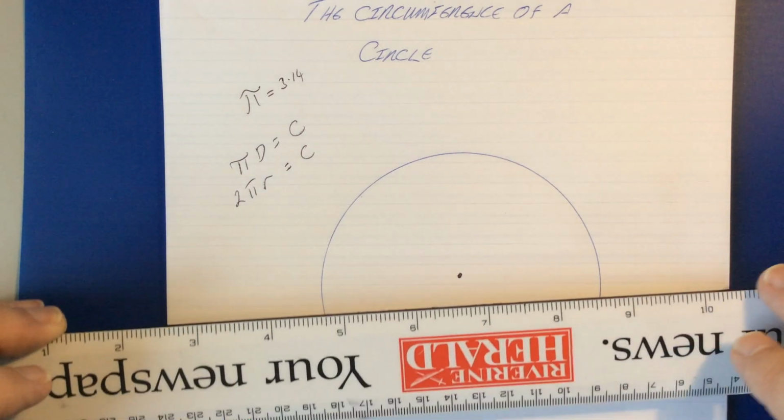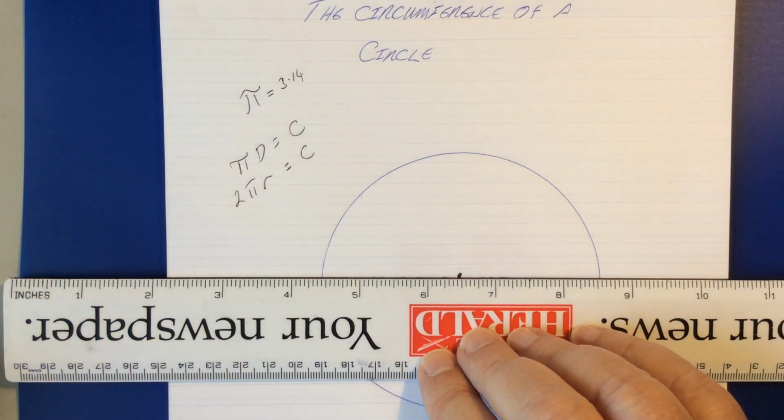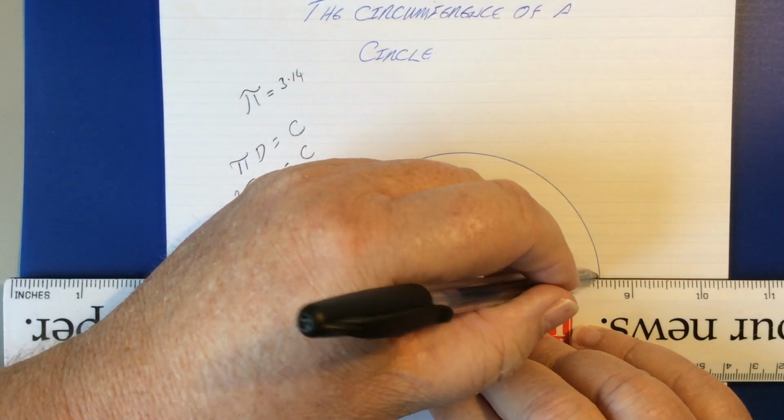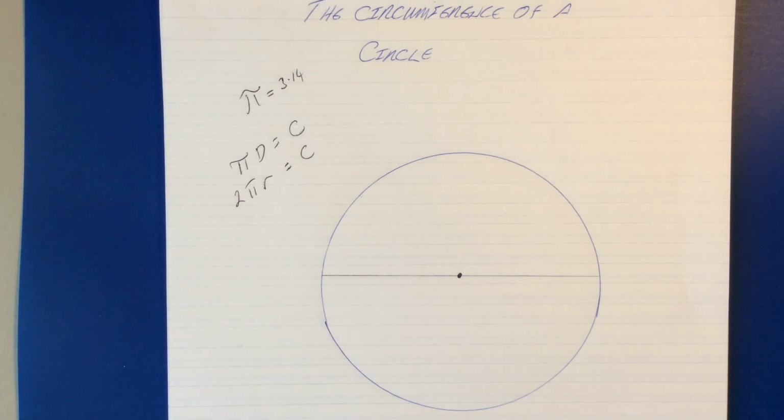So let's look at the first one first, and for that we're going to draw in a diameter. There we are. A diameter is a line that goes all the way across a circle through the center of the circle. It goes from here through the center of the circle to here.